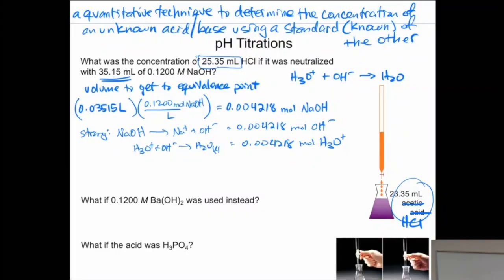Now, where does the hydronium ion come from in this experiment? Coming from HCl. And I know that HCl dissociates into hydronium ion plus chloride ion, 1-to-1. So if I know how much hydronium ion was there, I know how much HCl produced it.